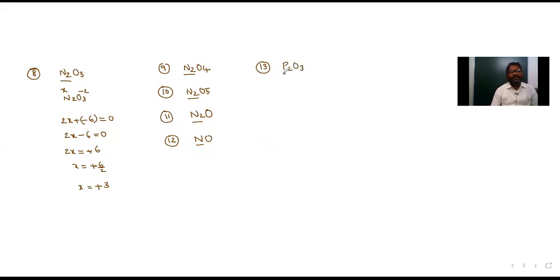In P2O3, I want for phosphorus. In P2O5, I want for phosphorus.